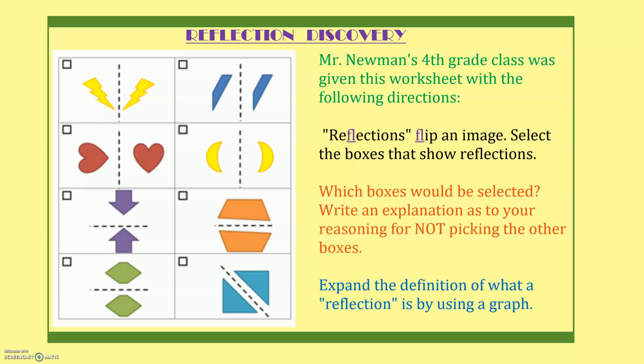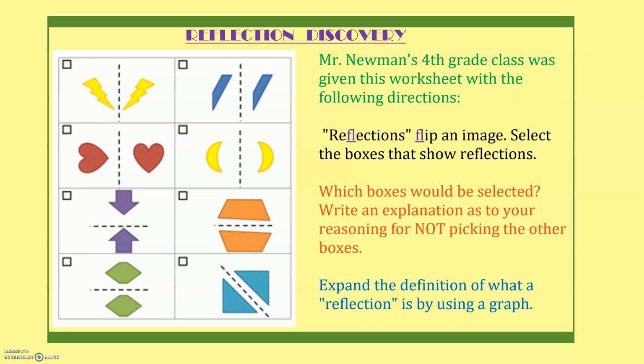So that is not a reflection. The hearts have more of a rotation. It is rotated over that line, but it certainly isn't reflected. The yellow moons definitely have flipped over the vertical line, and so that is a reflection.